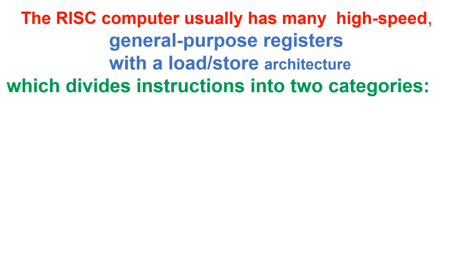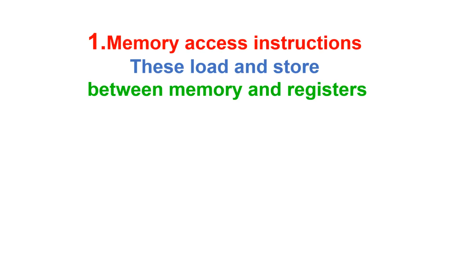So we have learnt about RISC computer. It has many high speed general purpose registers and follows load or store architecture, which divides the instructions into two categories.